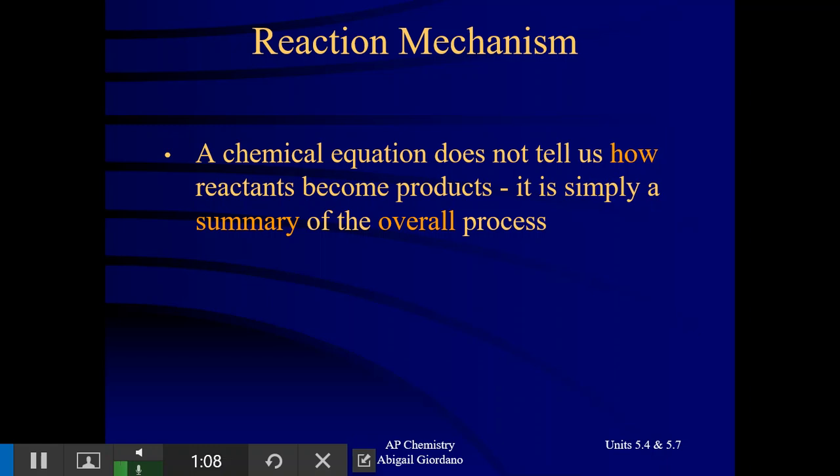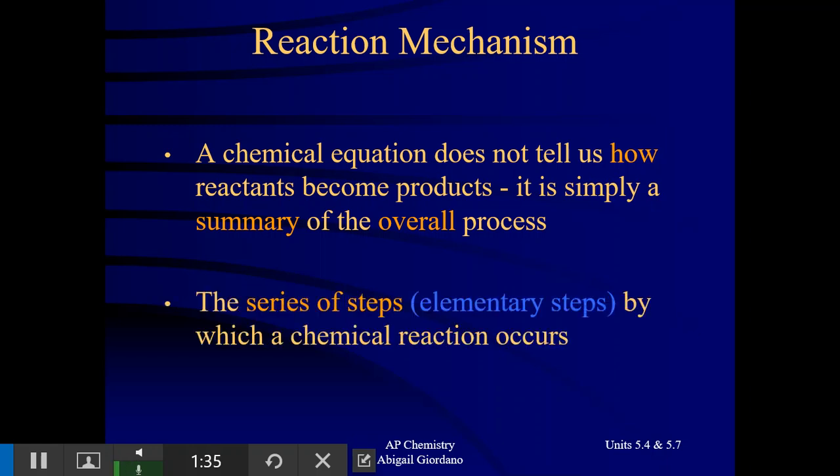But it doesn't tell us how a chemical reaction takes place. And it's important for you all to know that most chemical reactions do not take place in just one step. There's usually multiple steps, multiple mini reactions that eventually will get us to our final destination.